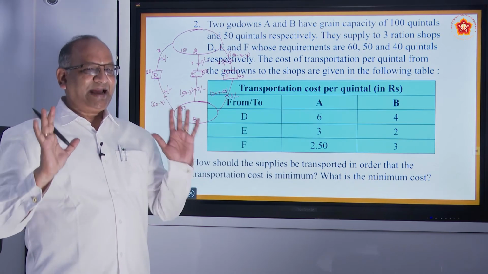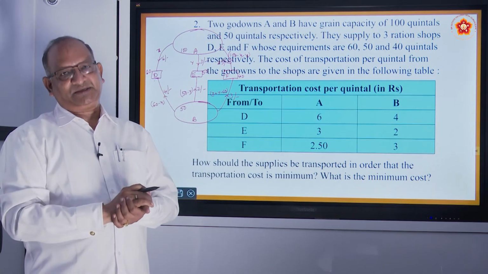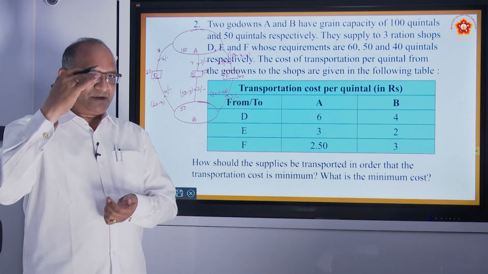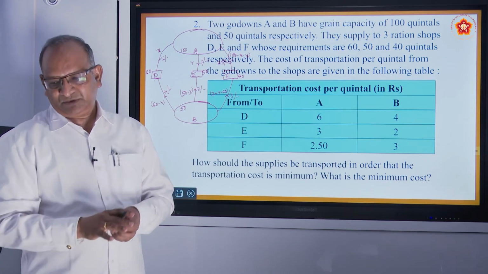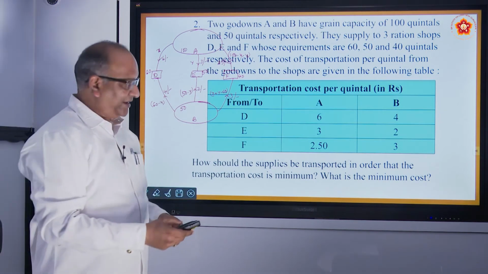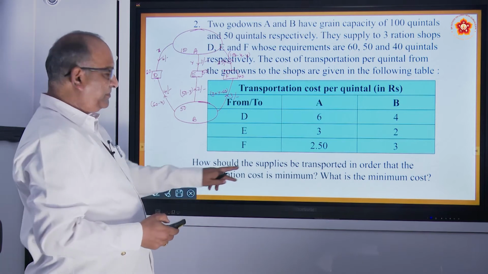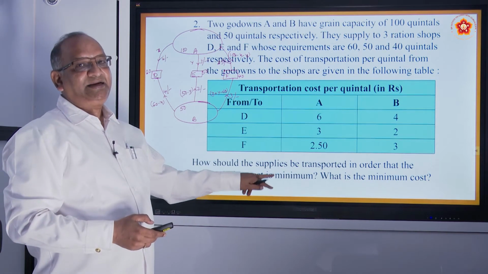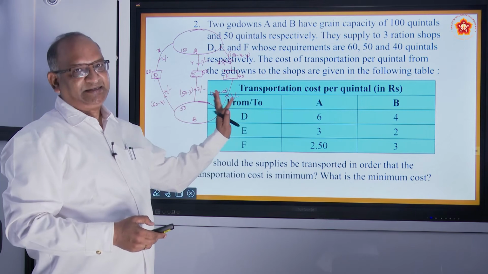So we have drawn a diagram in order to understand the concepts. Now we have to get the inequations. So let us go to the diagram, and remember we want to minimize the transportation cost. That is our objective.